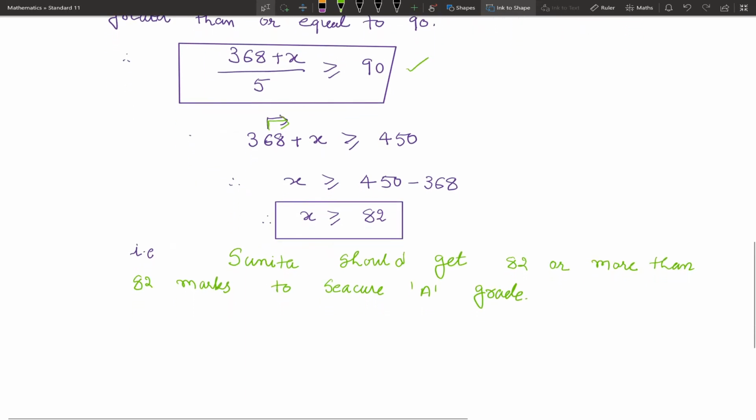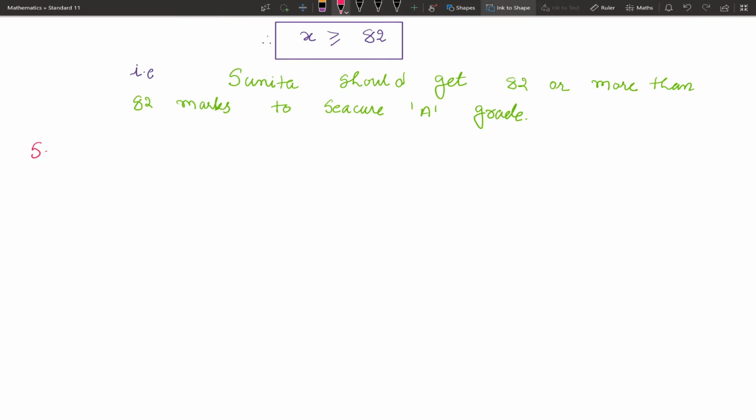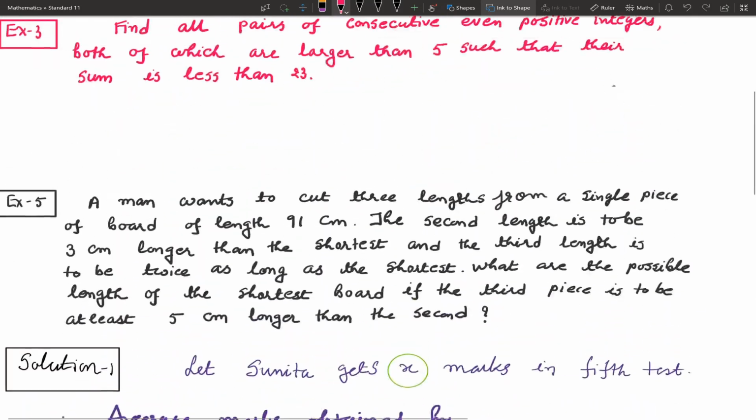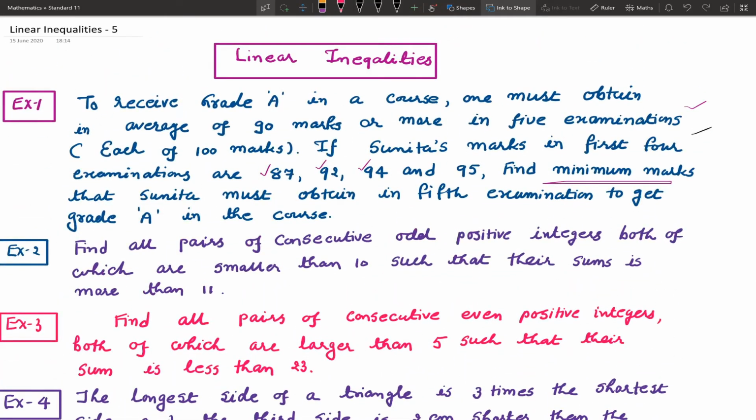So let us discuss the second problem. The second problem is: find all pairs of consecutive odd positive integers, both of which are smaller than 10, such that their sum is more than 11.